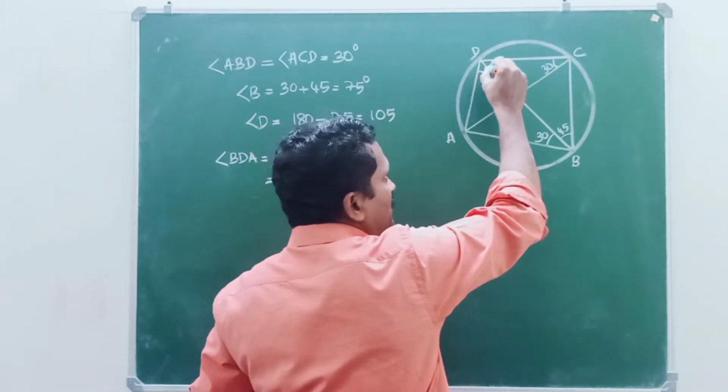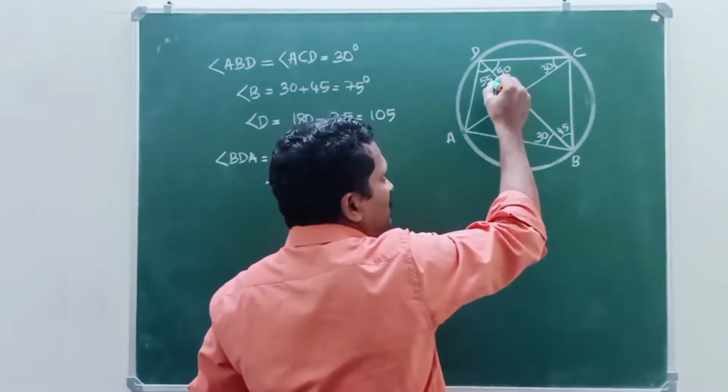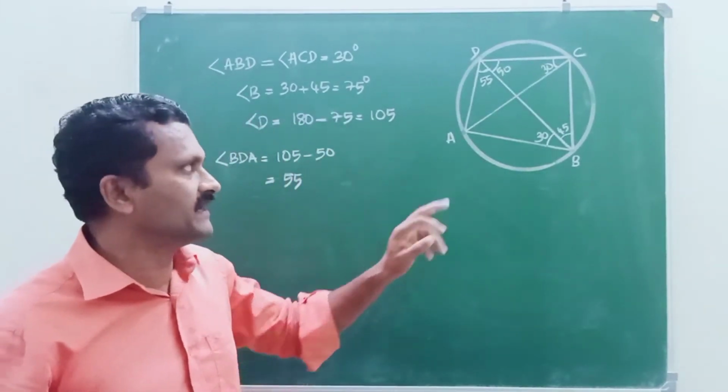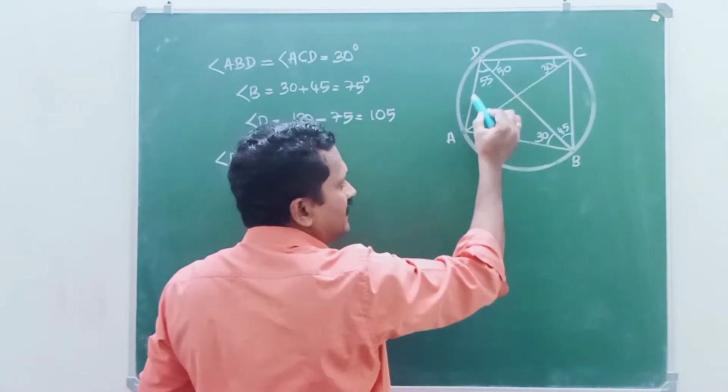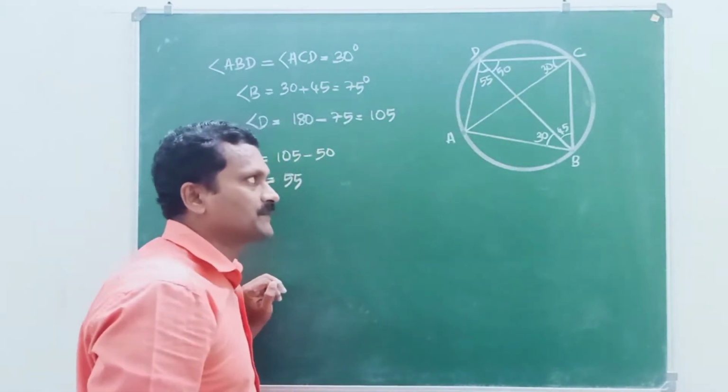So the remaining portion is 105 minus 50, that is 55 degrees. That is, angle BDA equals 55 degrees.